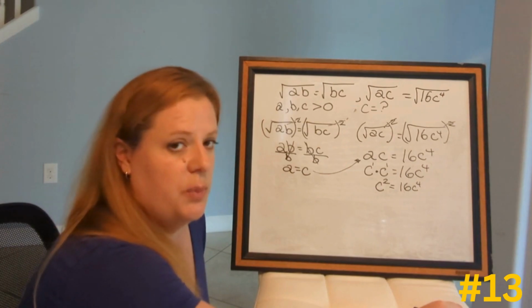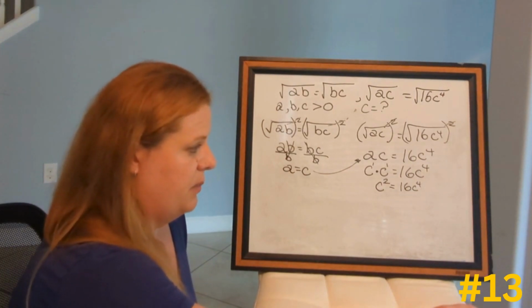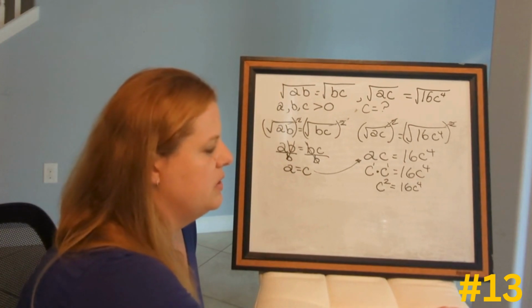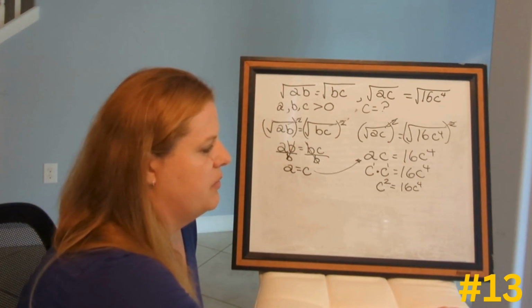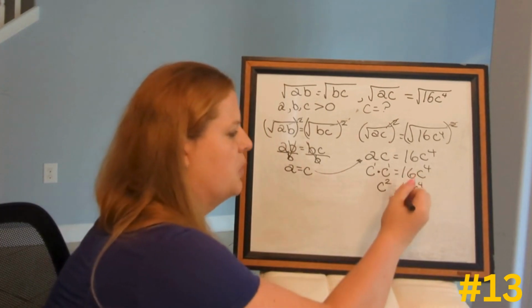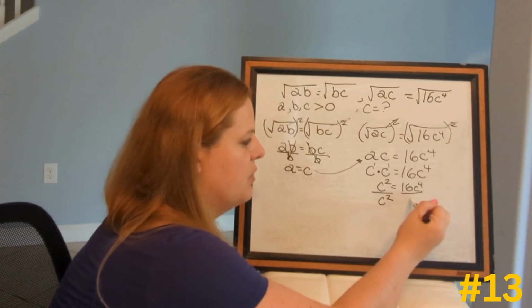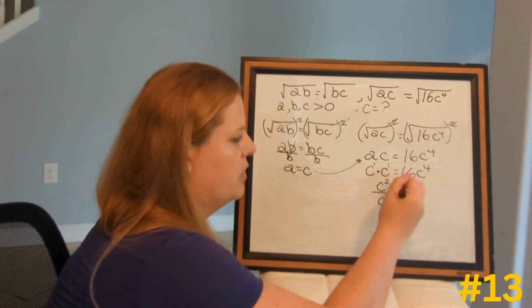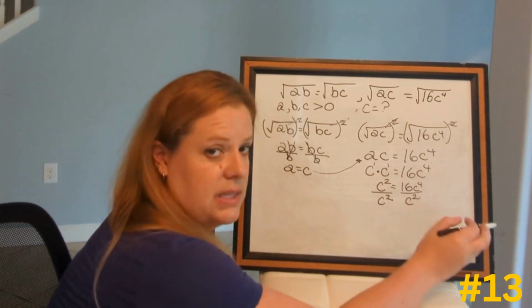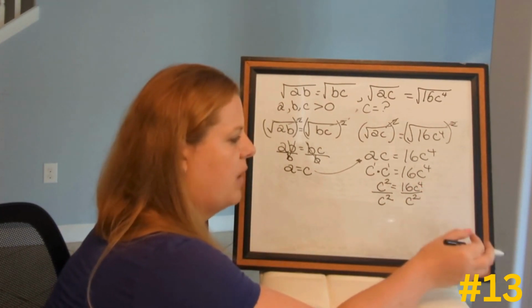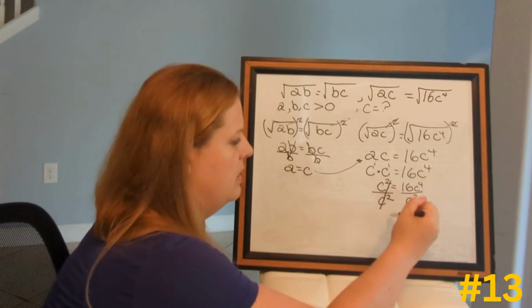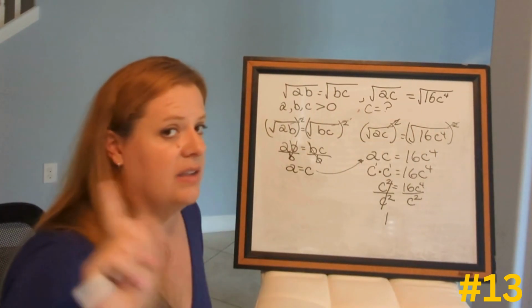Again, a couple ways you could approach this from an algebraic standpoint. What I'm going to do is divide both sides by c squared just to get rid of c squared over here. Now all my c's will be moved over to the right side. That's why I'm doing it. I get 1, not 0.